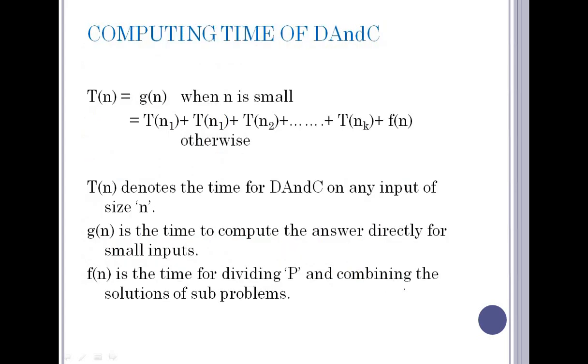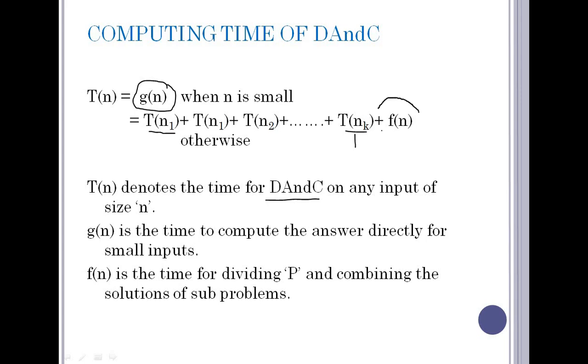Now we will see the computing time required for divide and conquer. When our problem is small enough to solve in a straightforward way, the complexity of that S algorithm may be g(n). After that, T(n1), T(n2), in this way up to T(nk), are the time complexities required for the DAC algorithm for the input sizes n1, n2, up to nk.